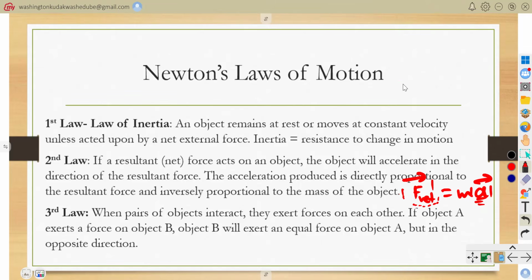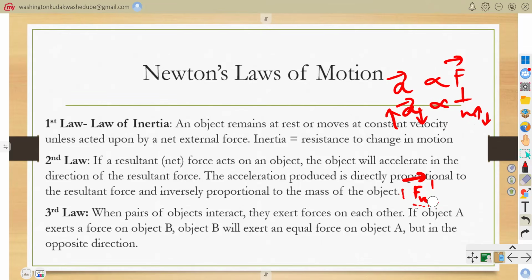However, the acceleration is inversely proportional to the mass of the object, meaning the greater the mass of the object, the smaller the acceleration, and the smaller the mass of the object, the greater it will accelerate. That is what Newton's second law simply states.